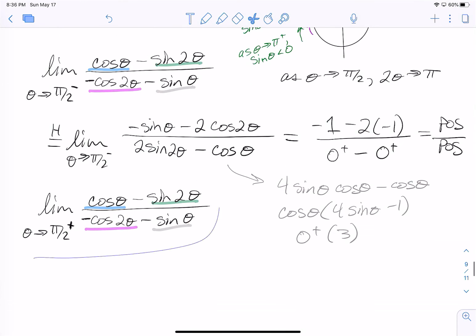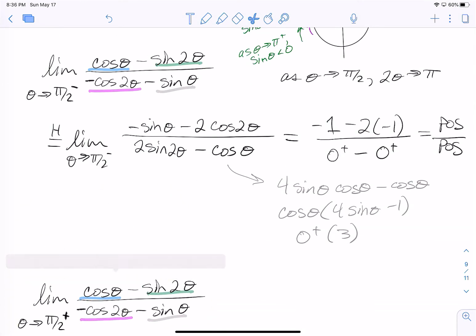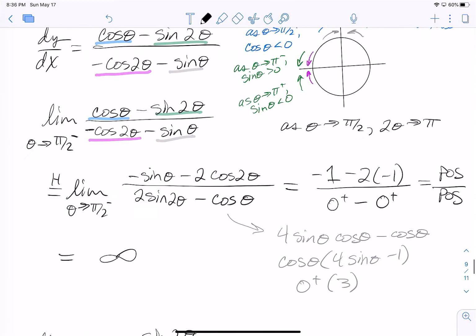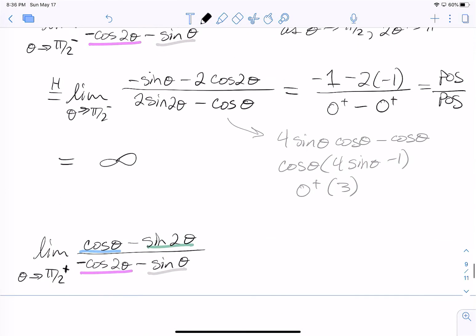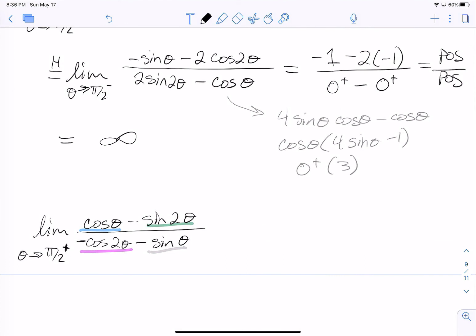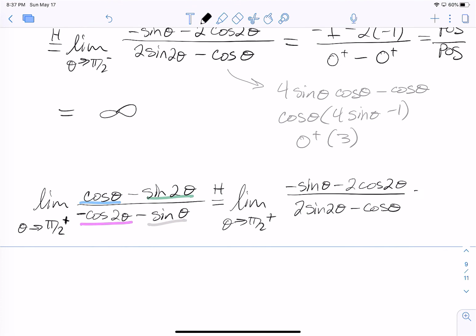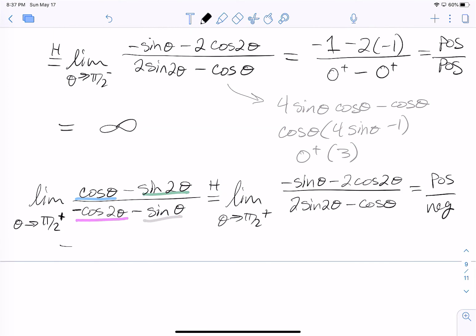So I'm going to move the other limit out of the way. And we end up with this limit is positive infinity. Now, a similar analysis will tell us for theta approaching pi over 2 from the positive side, using L'Hopital's rule, we are ultimately going to end up with a positive numerator and a negative denominator. So this second limit is negative infinity.